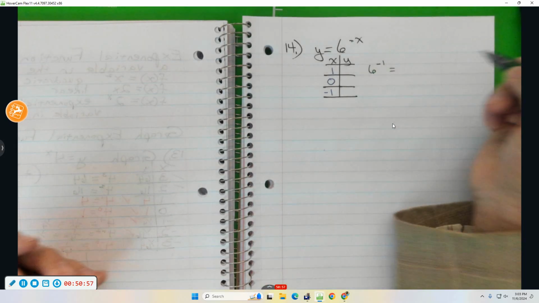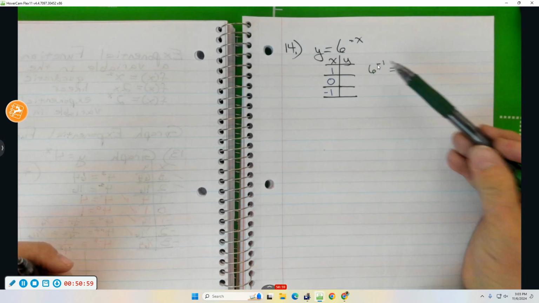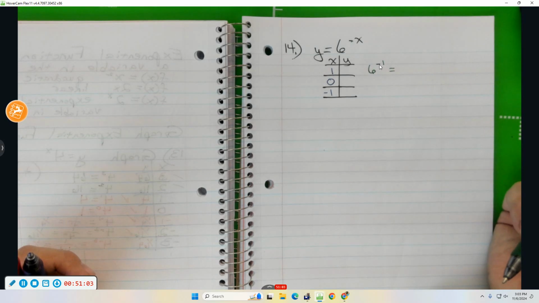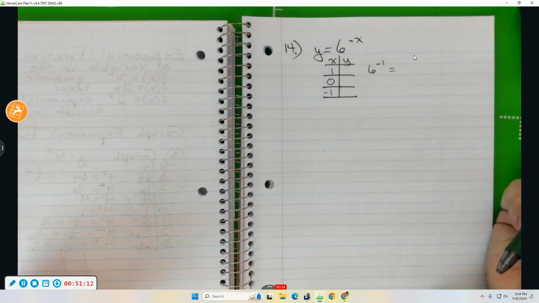6 to the negative 1. What does 6 to the negative 1 equal? Write that without a negative exponent.